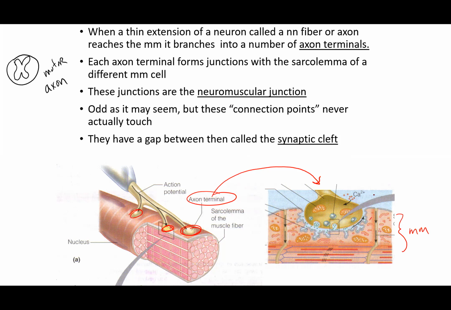This whole thing that we're looking at is the neuromuscular junction. The axon terminal nerve embeds itself into the muscle, as you can see here.